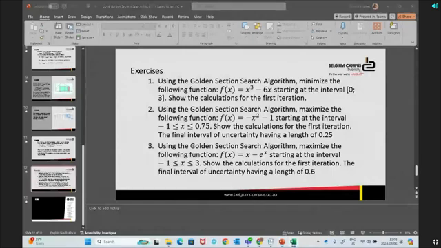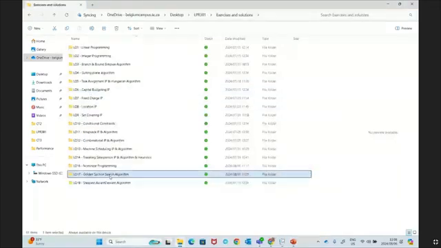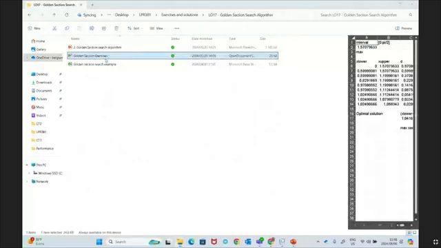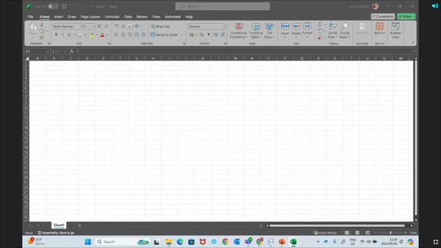Just want to copy the headings. And the answers are in the Excel sheets, so you can compare there. It's just I want to copy the headings. Where's my headings? And then I don't want to do exercise 1. That's very long.